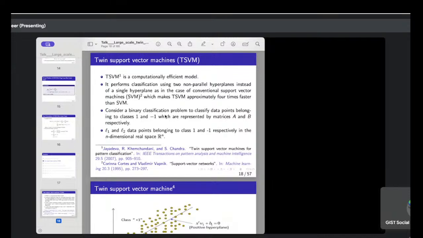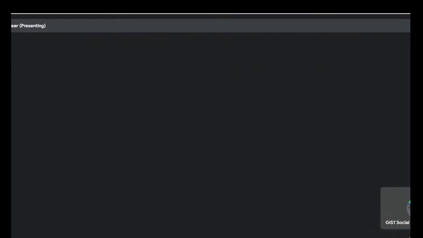So essentially it was developed in 2007 by the team of IIT Delhi, Jayadeva, Khemchandani and Suresh Chandra. So they have developed this algorithm with the concept that rather than having a single hyperplane, we can have two non-parallel hyperplanes.